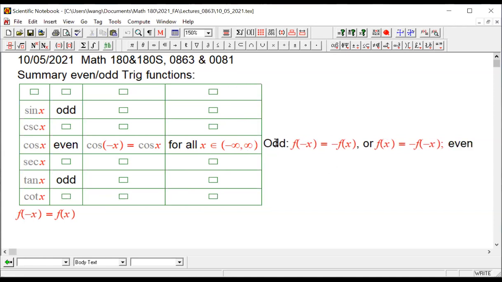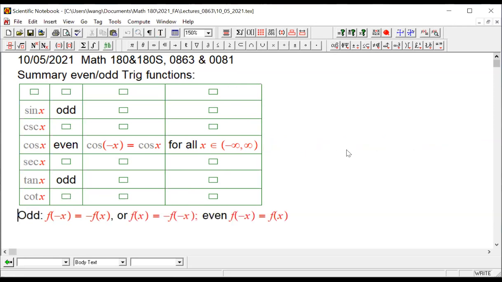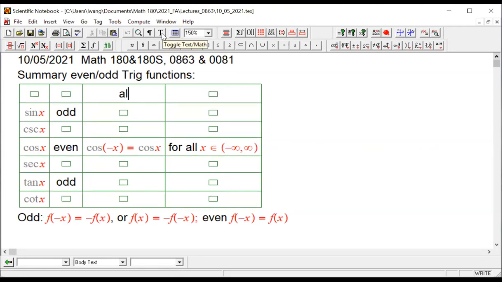Okay, so even odd, the line below: the algebraic expression, just algebraically, and the domain. That property holds where?